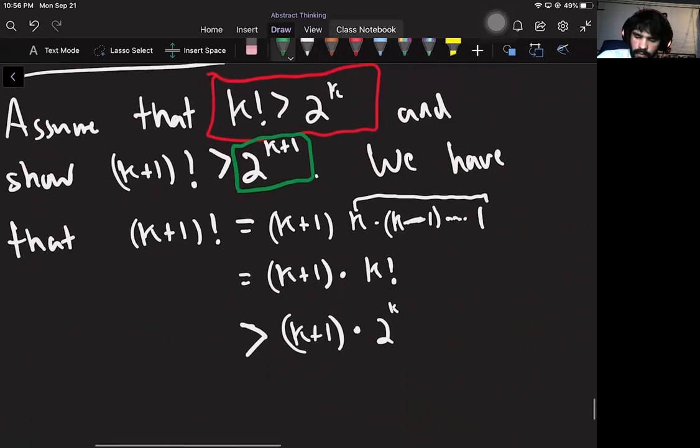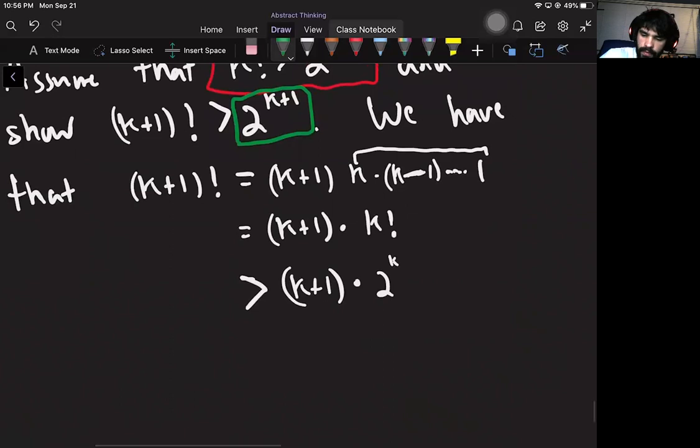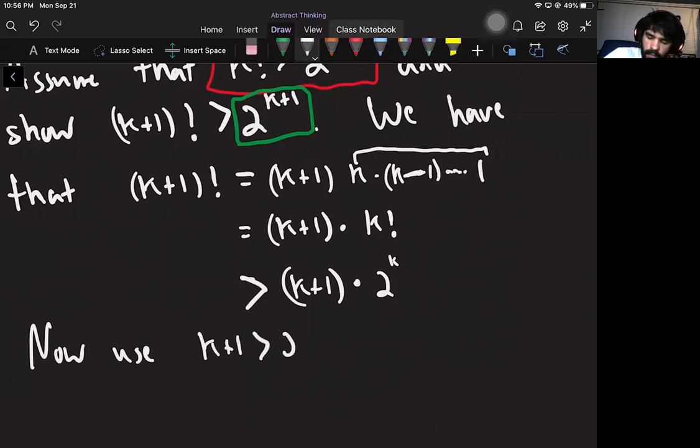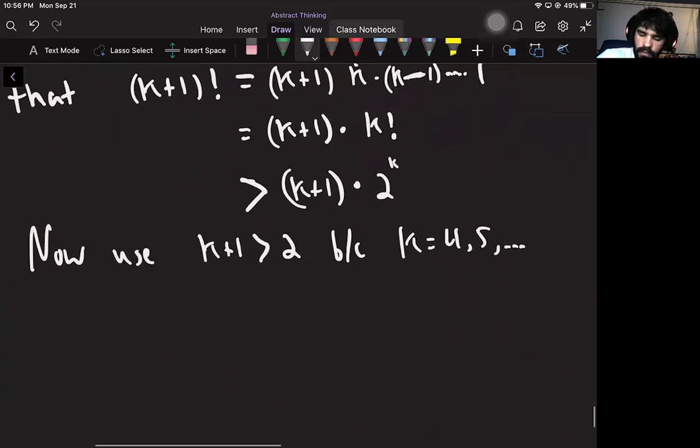Well, K plus 1, we're going to use this very basic fact. K plus 1 is actually bigger than 2 because K is only starting at 4 and going on forever. So that's always going to be true, right? 4 plus 1 is bigger than 2, 5 plus 1 is bigger than 2.